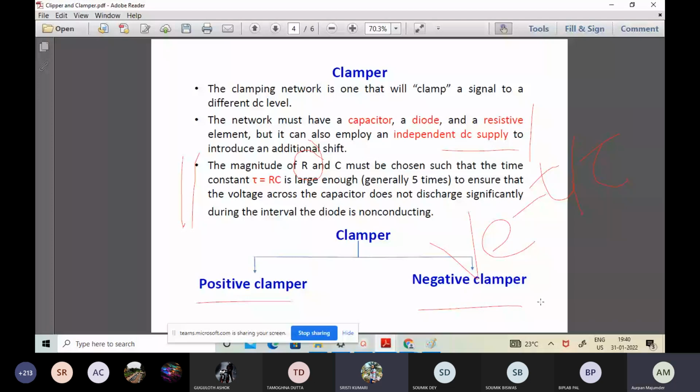From the initial potential, it starts discharging. And the discharging time constant is tau, which is equal to R into C.